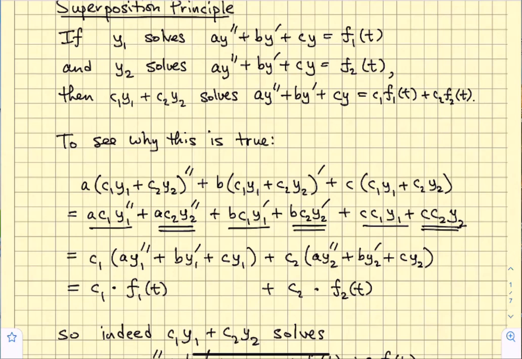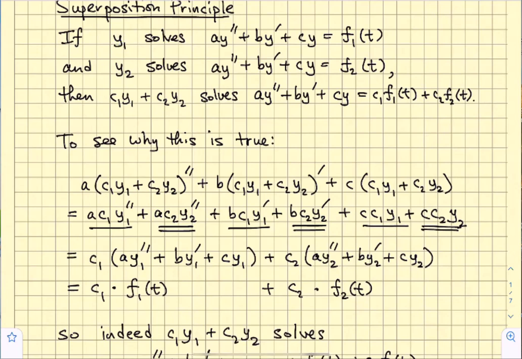Notice the single underlined terms all have a common factor of c1, so we'll factor it out. All of the double underlined terms have a common factor of c2, so we'll factor that out. And notice what's left behind here is a y1 double prime plus b y1 prime plus c y1, and y1 was not a random function. It was a solution to this differential equation.